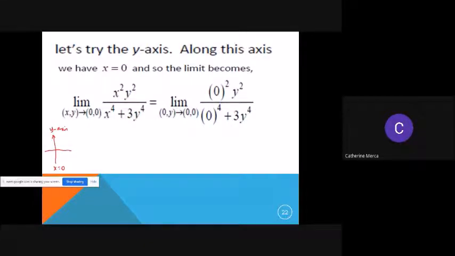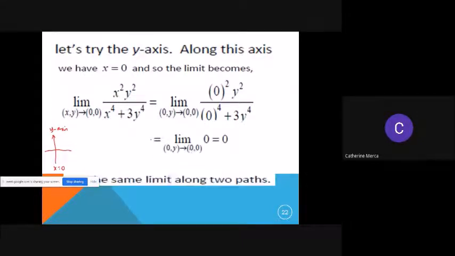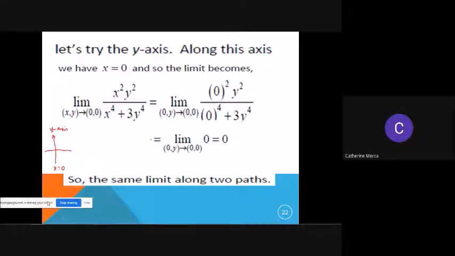Notice that when you substitute, you'll have 0 squared times y squared over 0 to the fourth plus 3y to the fourth. So the numerator is 0, with the denominator 3y to the fourth, and that will give you a value equal to 0. So what did we get? The same limit along two paths.